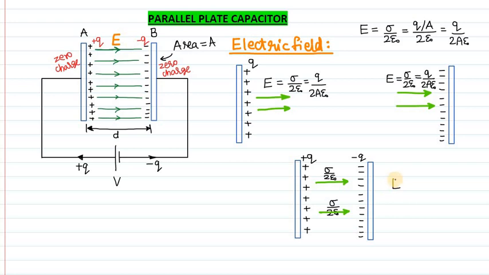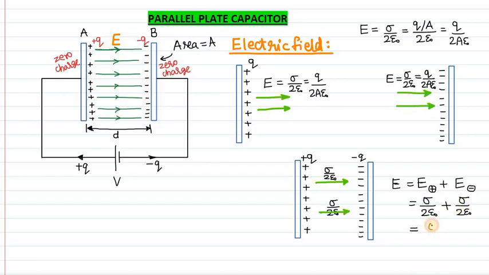So we can say the total electric field in between the plates will be the electric field due to the positive plate plus the electric field due to the negative plate. As the direction of both electric fields is the same, we have to add both of them. So we will get sigma by 2 epsilon naught plus sigma by 2 epsilon naught. Please note, no minus sign here, because we are adding the magnitudes of the electric fields.